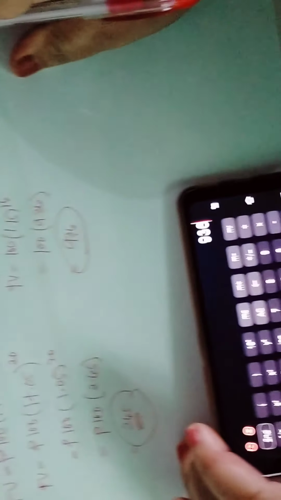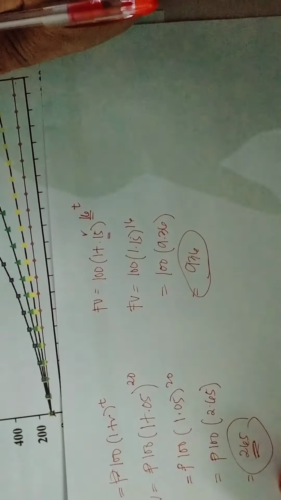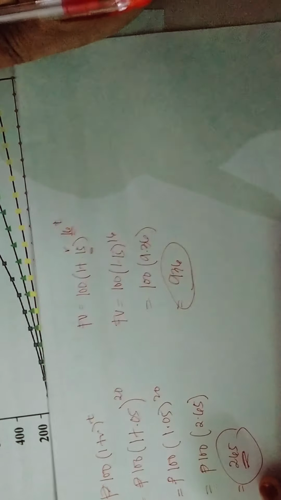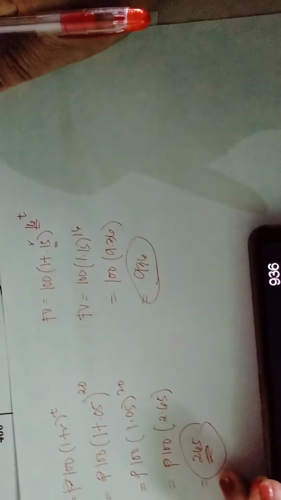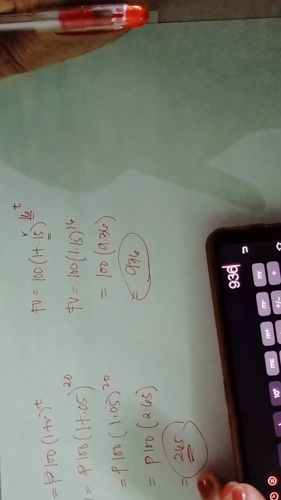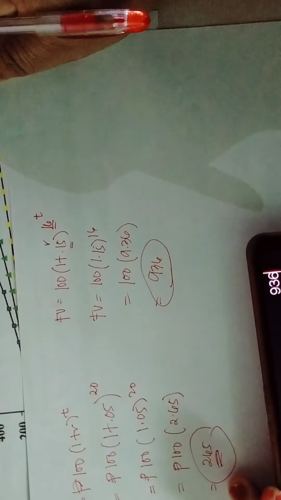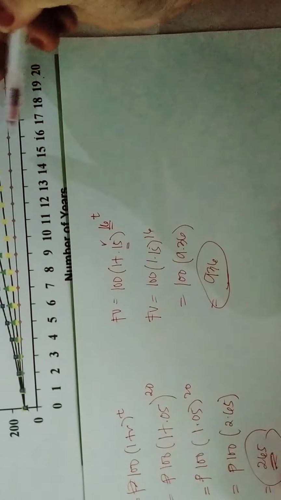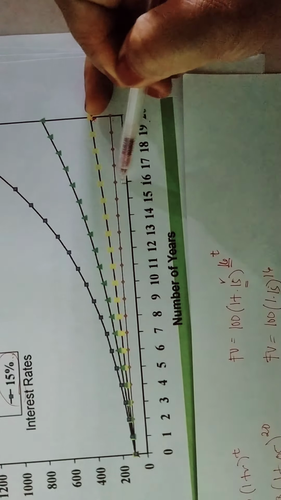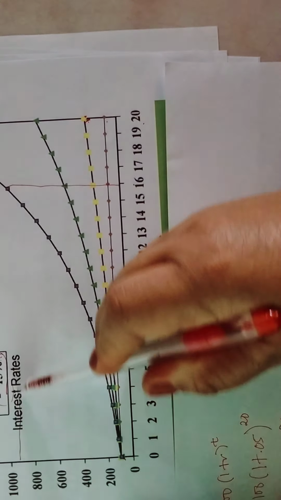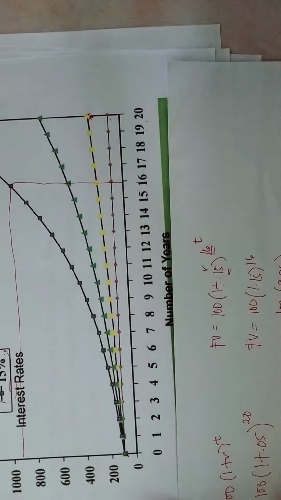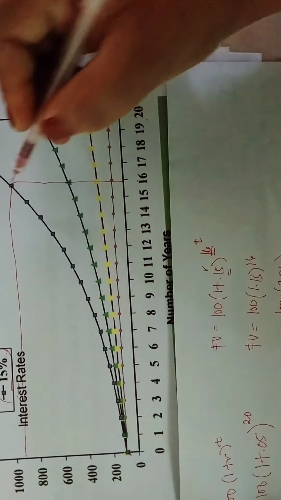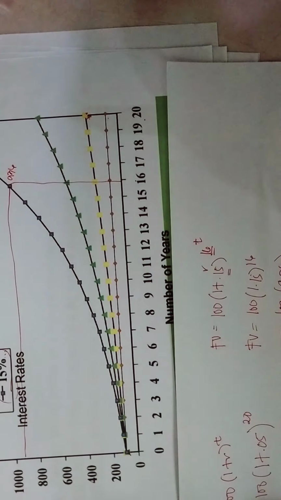So, meaning, if you invest your money today with an interest of 15%, after 16 years your 100 pesos investment will become 936. During the 16 years, this value is 936.